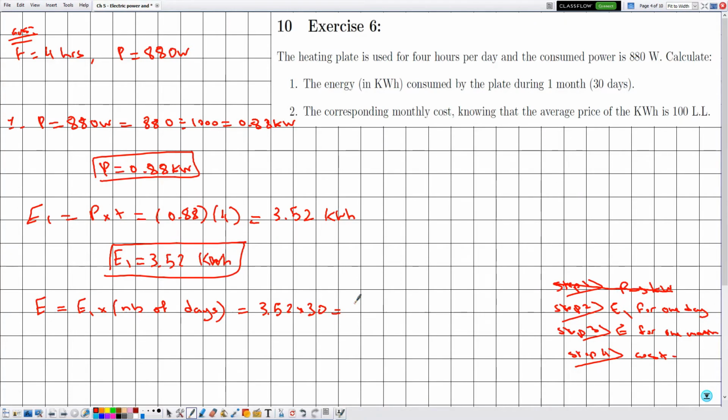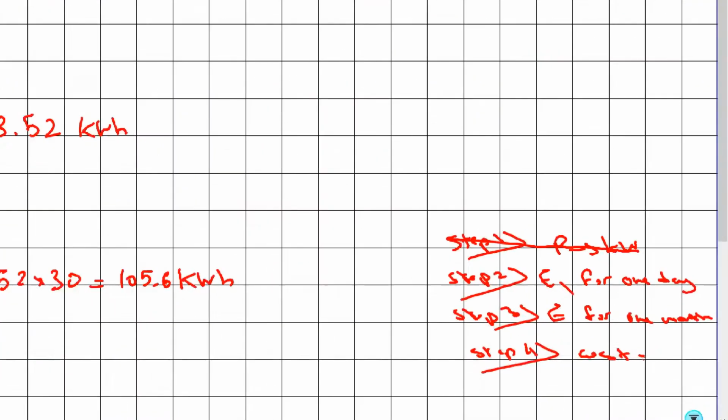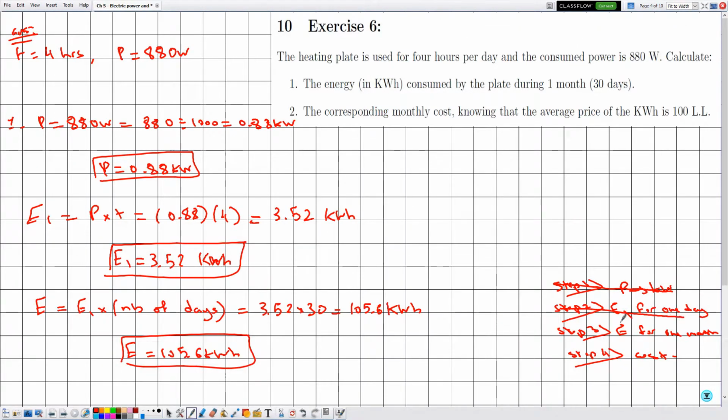Plugging this value on the calculator, the electric energy consumed per 1 month is 105.6 kilowatt hour. Then E is equal to 105.6 kilowatt hour. Notice that this corresponds to step number 2, and we are done with it, and this one corresponds to step number 3.